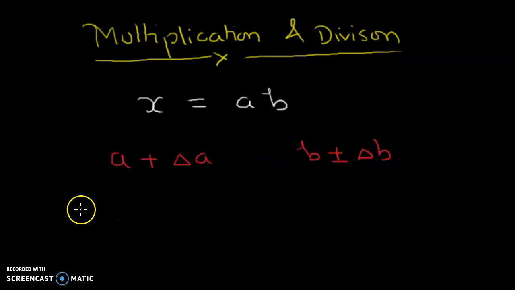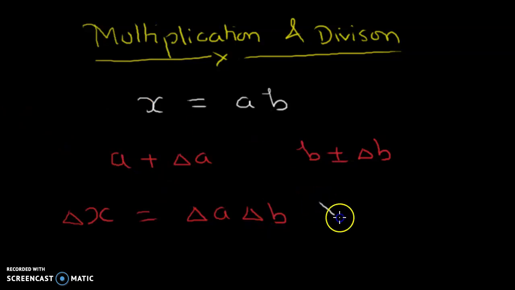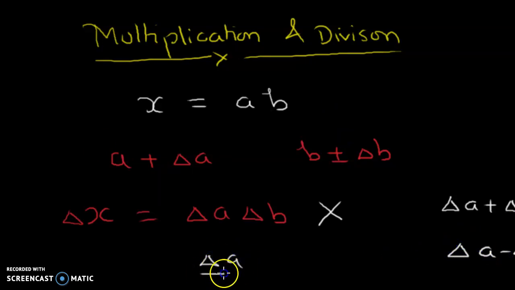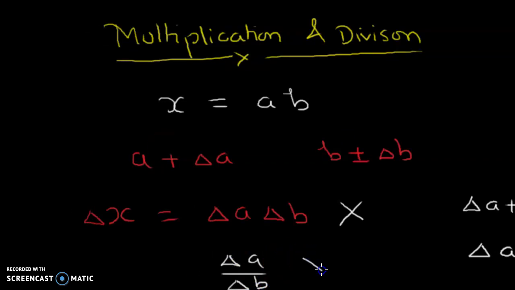Then what would be x plus minus delta x? Would it be the product of these, which is very wrong, or the sum of these, which is again wrong, or the difference, which is again wrong, or the division, which is again wrong? You must be wondering, everything is wrong, then what is right?